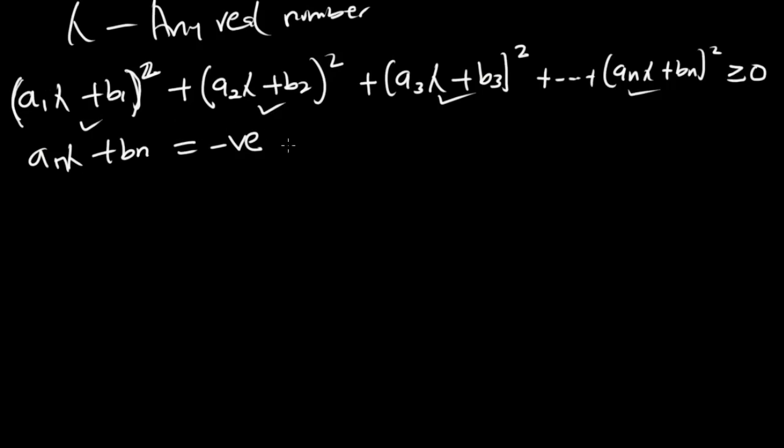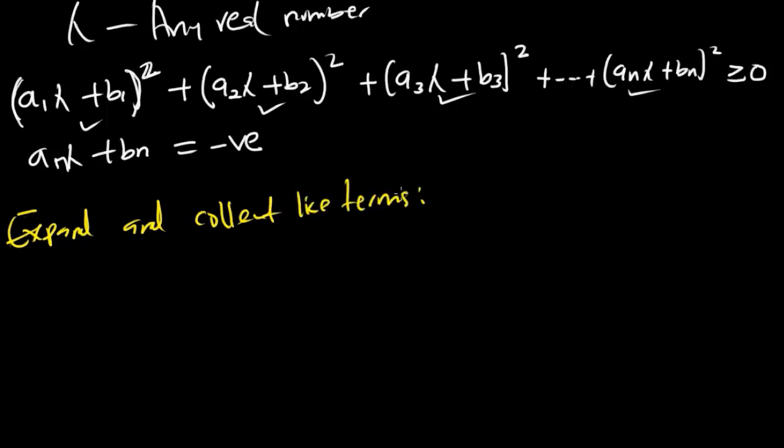So we expand and collect like terms. So we're going to expand this and collect like terms. So the first thing we have is a1 lambda plus b1 squared.